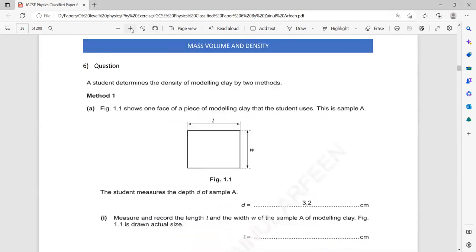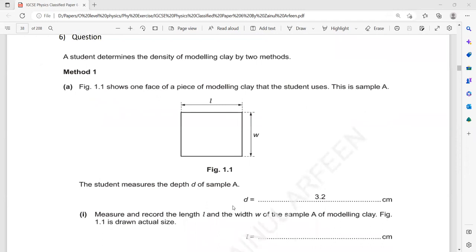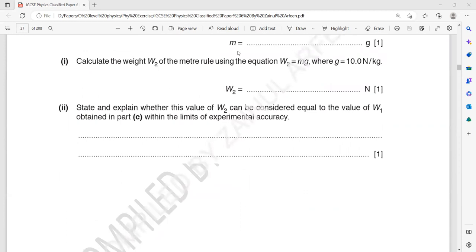The next one, question 6. You can leave this part, state and explain whether the value W2 can be considered as equal to W1. W1 you will find in the balancing experiment, because this is a part related to the balancing experiment as well. As I mentioned, say W1 is 1.1 and W2 we calculated is 1.13.